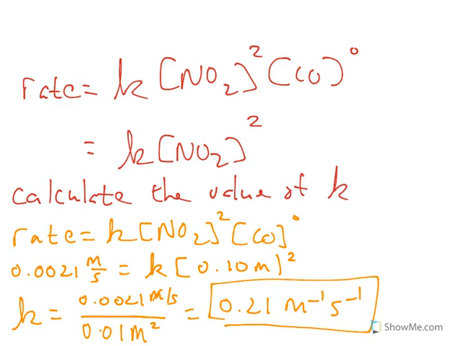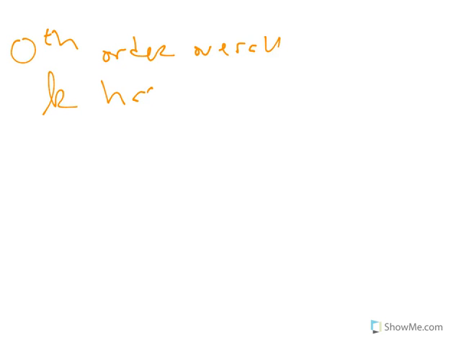So again, we mentioned that the rate constant is going to have different units for the overall reaction order. So if a reaction is 0th order overall, K has units of molar per second.